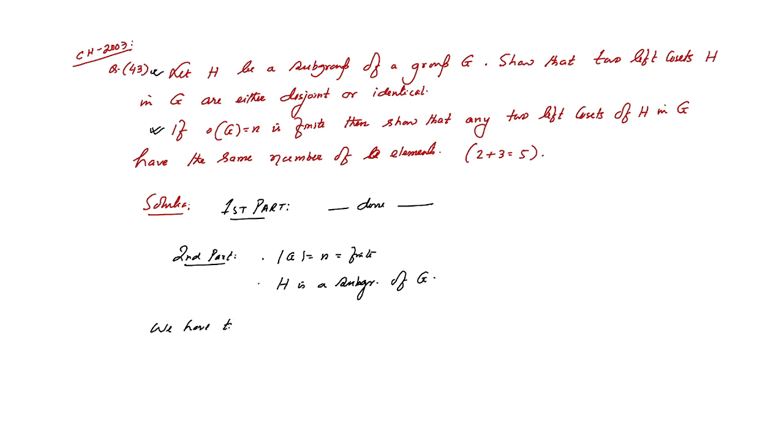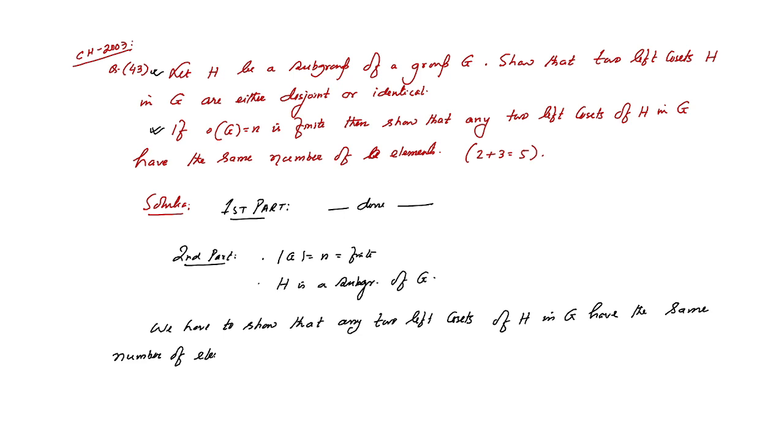We have to show that any two left cosets of H in G have the same number of elements.